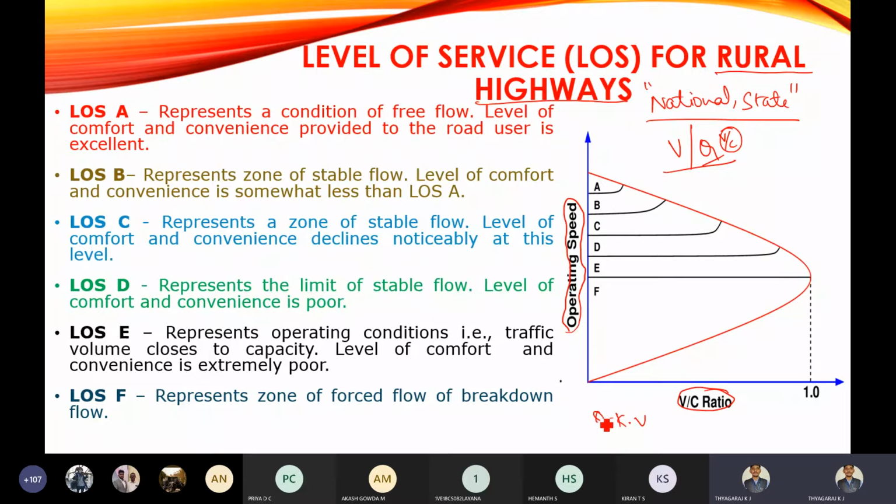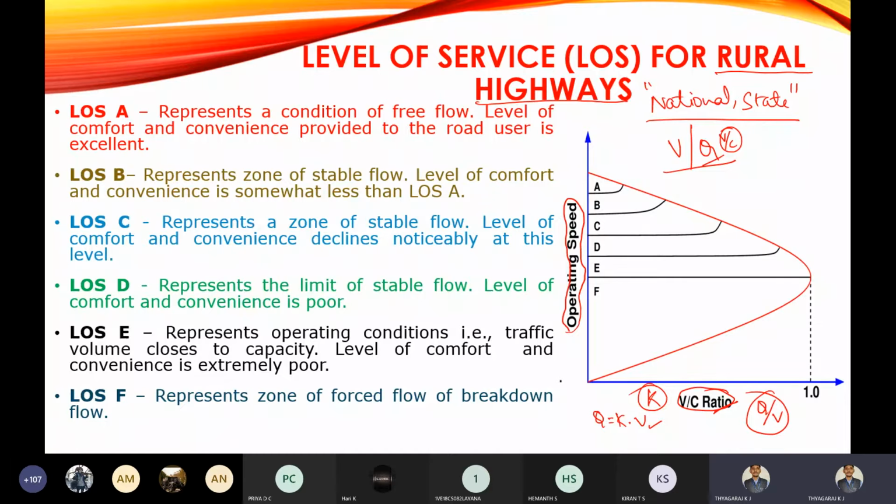Yes, it is correct. Now this volume to capacity ratio is Q by V, which is called the density ratio. Now you observe here a graph is plotted between operating speed and volume to capacity ratio.